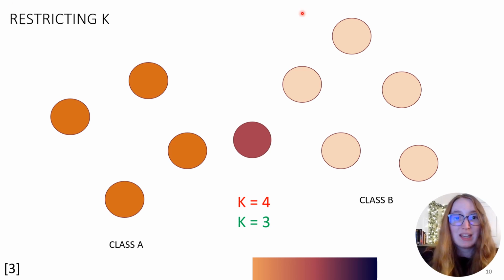This would occur if the same number of neighboring points were of, let's say, class A, as they are of class B. As it can be seen here, if k is equal to 4, there are an equal number of data points of class A and of class B. However, if k is equal to 3, the query point can easily be identified as of class B.